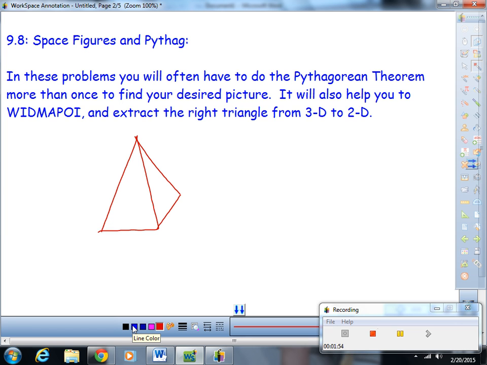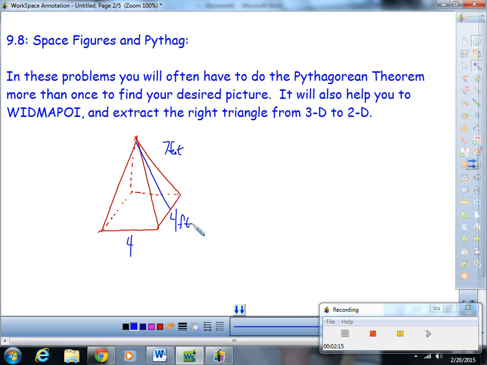So a square pyramid whose base was a square, obviously. And let's say the slant height of this pyramid was 7 feet, and the base was a 4-foot square. What would be the height of this pyramid?